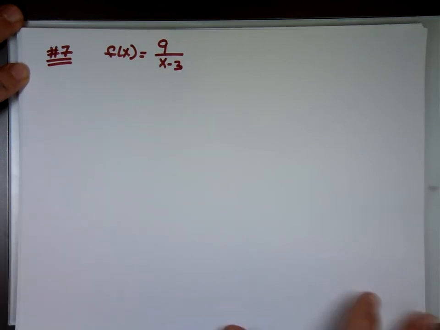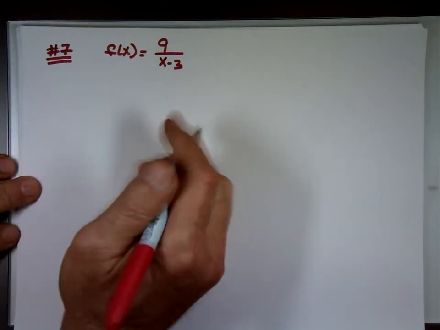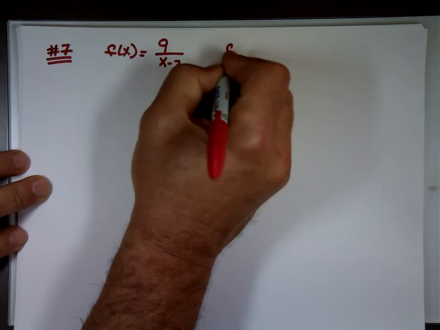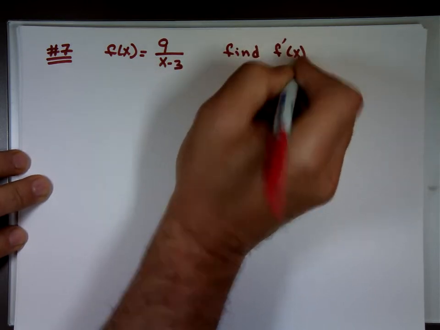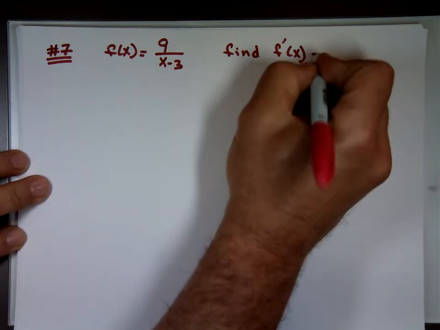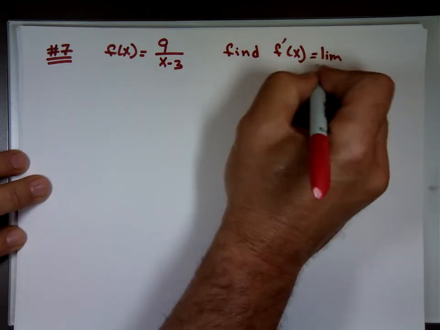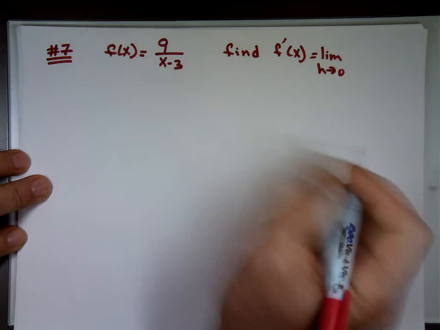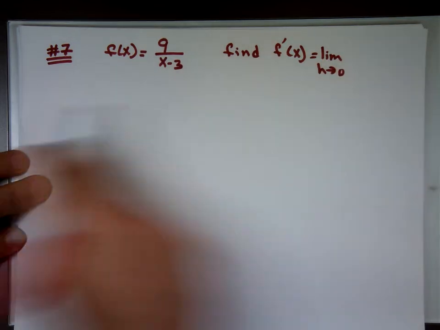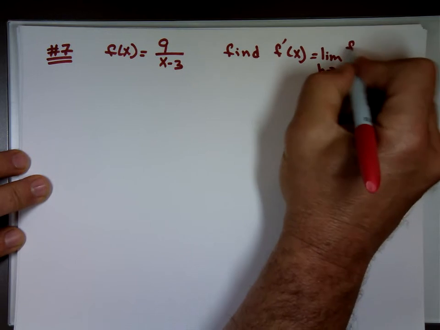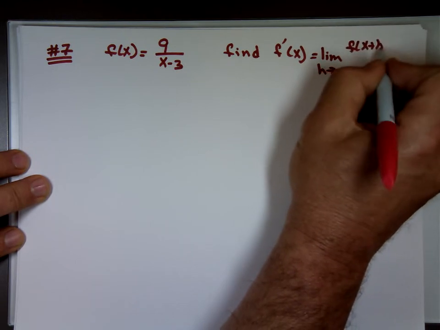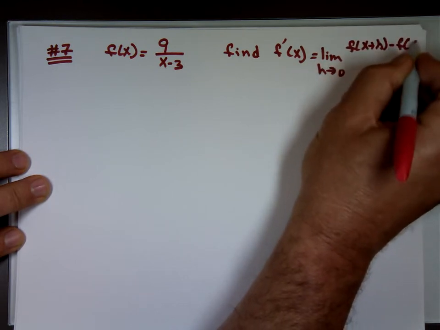So right now I want to find the derivative. Again, it's the limit as h approaches 0. With these big problems, it's better to use h, because you saw I took the whole page to finish it. The less writing you have, the better.